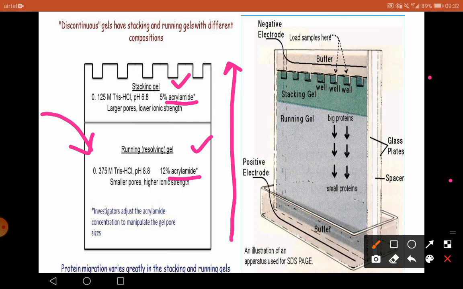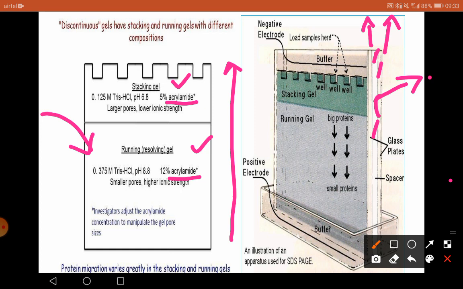Then we have to load the plates. Can you see the inner anatomy of this SDS-PAGE instrument? This is glass plate 1 and this is glass plate 2. In between, we place a plastic comb-like thing, a spacer. The spacer is placed in between the two glass plates.